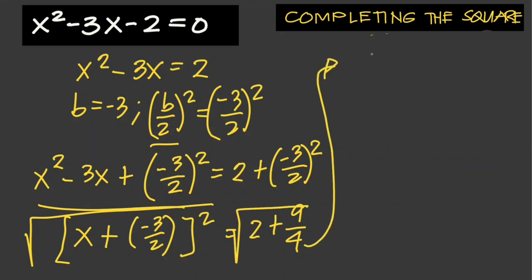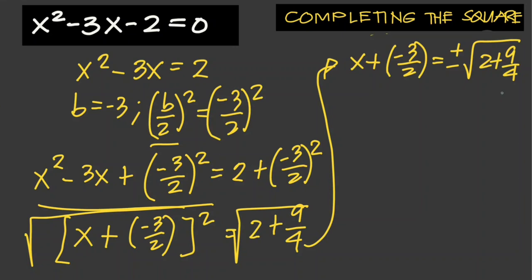This would be x plus negative 3 halves equals plus or minus the square root of 2 plus 9 over 4. Now we can perform this one. We can add 2 and 9 over 4 by getting the LCD, a whole number added to a fraction.